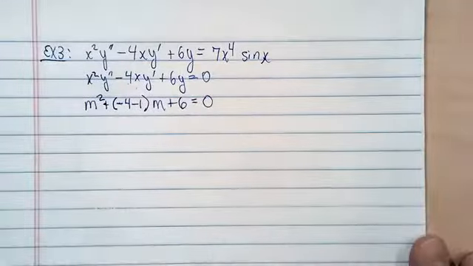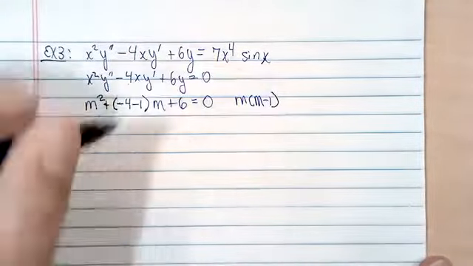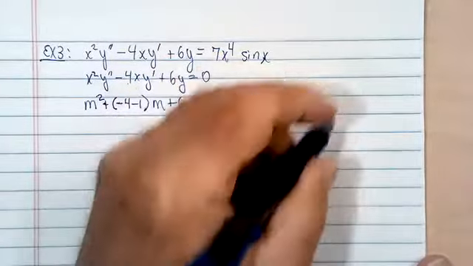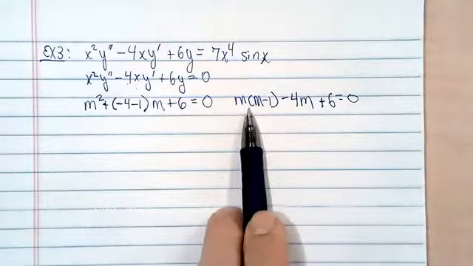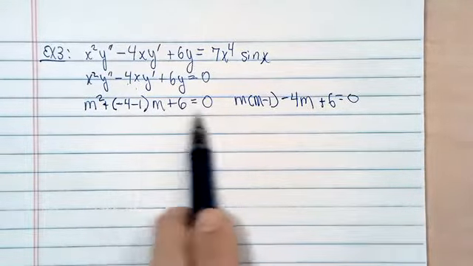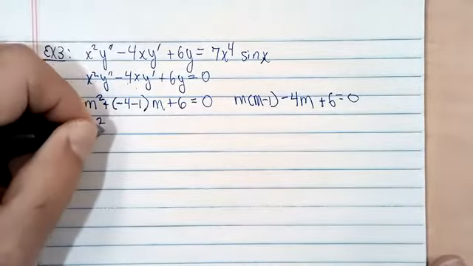Or if you did it the way I was doing it in class, you go m minus 1 minus 4m plus 6. These are equivalent. And if you do one step of simplification, m squared minus 5m plus 6, you get this. So either way you like to do it, doesn't matter.